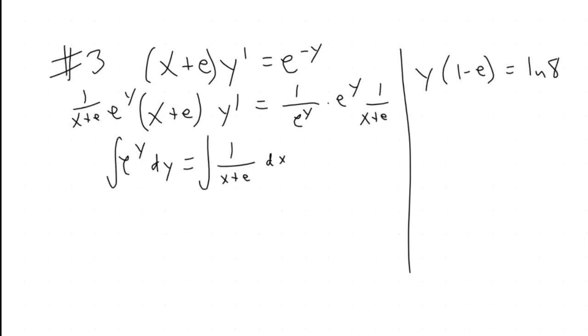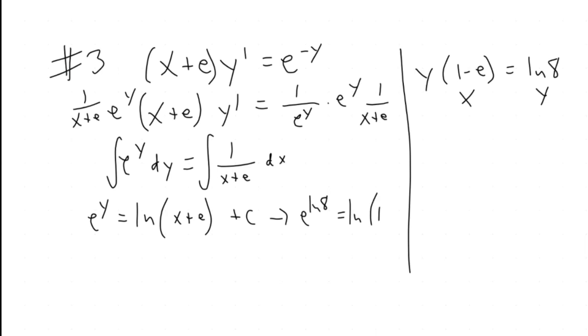Now integrate both sides. So that's e to the y equals natural log x plus e with a plus c. Throw in these guys in for x and y. So it becomes, let me go over here. It becomes e to the power of natural log 8 equals natural log of 1 minus e plus e.